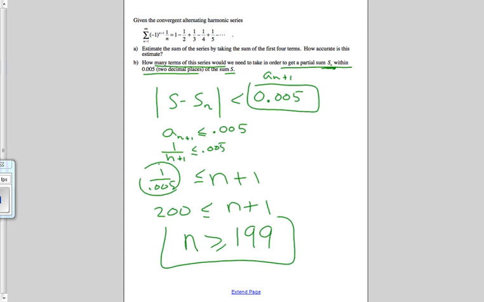So as long as we find s sub 199, that's going to be within 0.005 of the actual true sum. If we let n be 199, we will be within this small error range that we've required for our approximation of the actual value s.